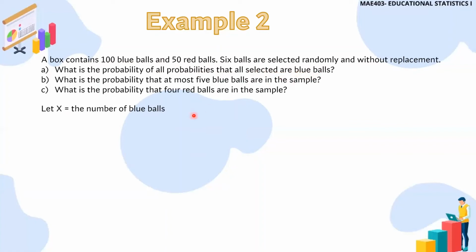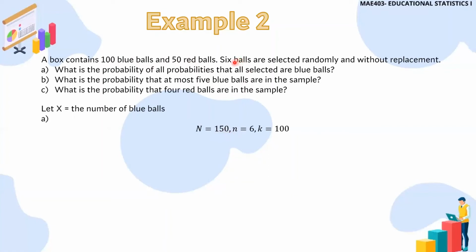So the first case only involves blue balls. We have the population capital N, with 100 blue and 50 red balls. Therefore, the population is 100 plus 50, so capital N is 150.